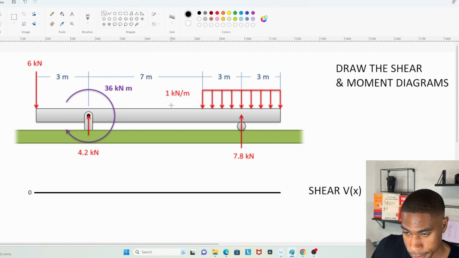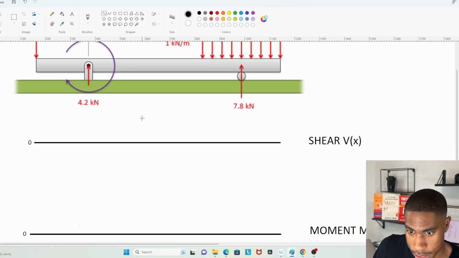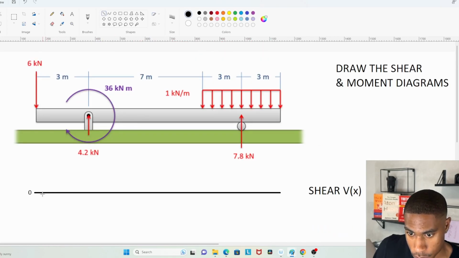For this, we're going to start with a 6 kilonewton force coming down. I'm going to draw it just like I see it, and try to draw some straight lines for you all today.